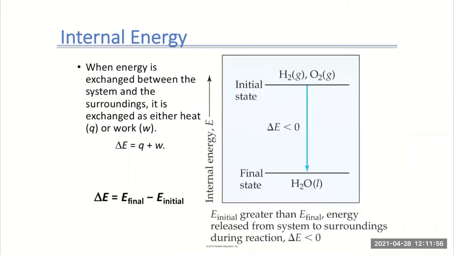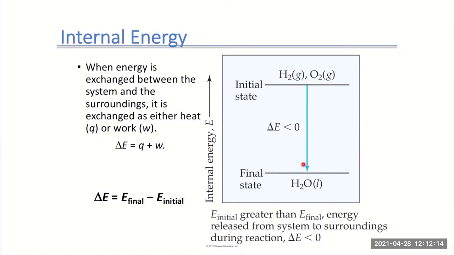And if we think about the way that looks in chemistry, that would be the different states of our matter, the different states of our molecules. So when the energy is exchanged between the system and surroundings, it's either heat or work. So delta E equals Q plus W.